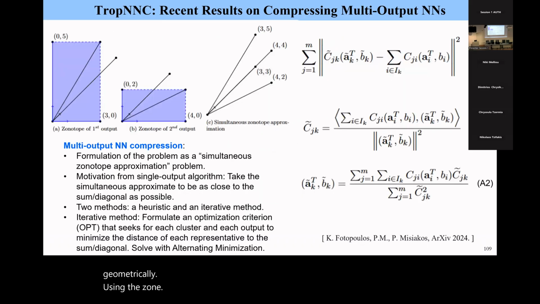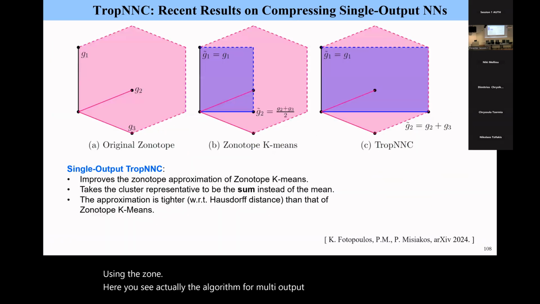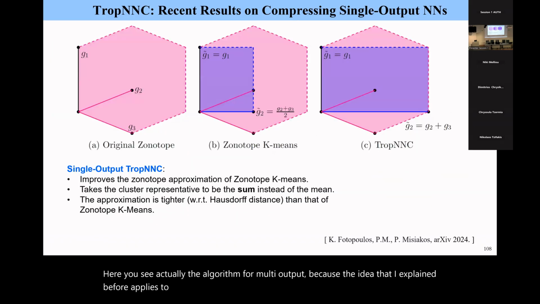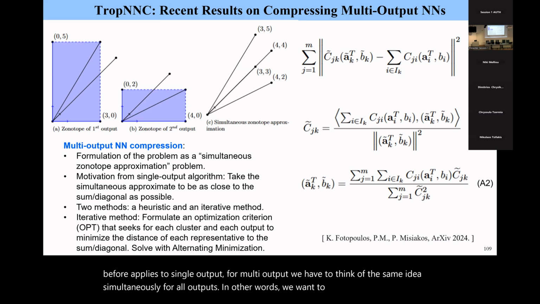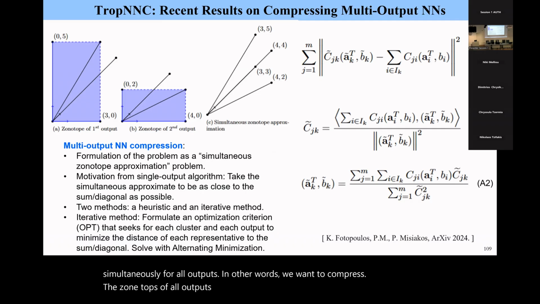Here you see the algorithm for multi-output, because the idea that I explained before applies to single output. For multi-output, we have to think of the same idea simultaneously for all outputs. In other words, we want to compress the zonotopes of all outputs simultaneously. I will skip the details now.